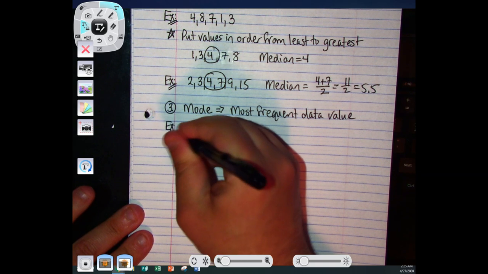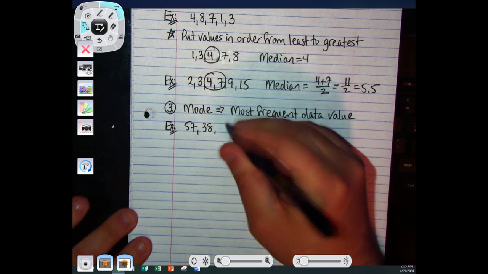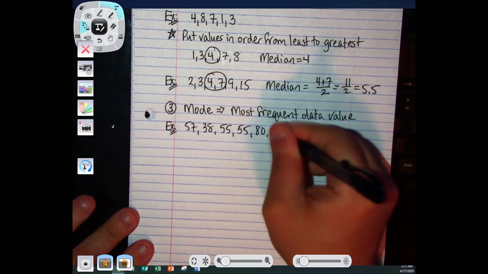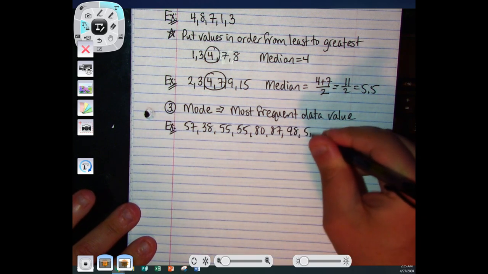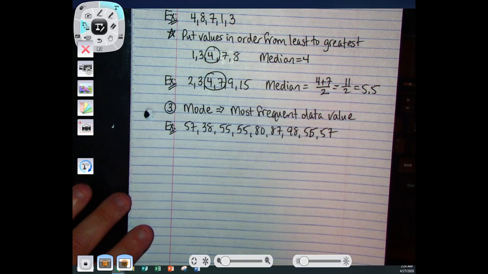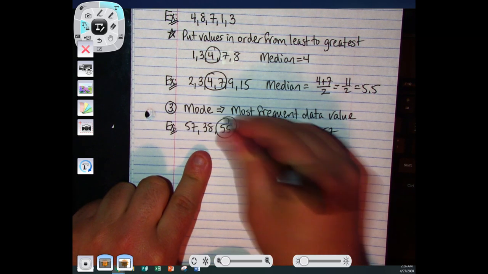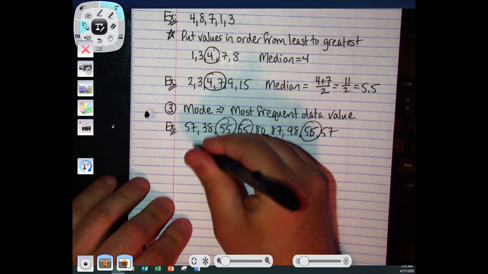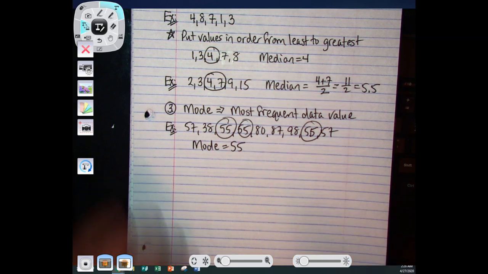So for example, if they give me 57, 38, 55, 55, 80, 87, 98, 55, 57, and they say find the mode, we're looking for the data value that appears the most. Well, if I look, the one that appears the most is 55. It appears 3 times. So therefore, the mode, in this case, there'd only be one, and that would be 55.